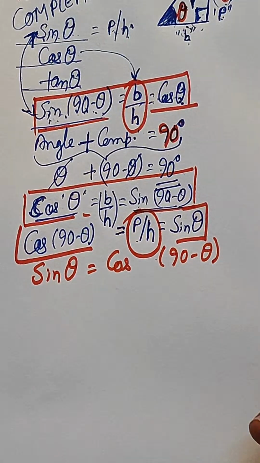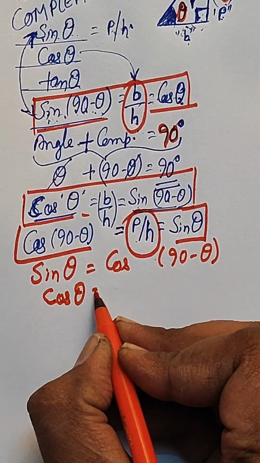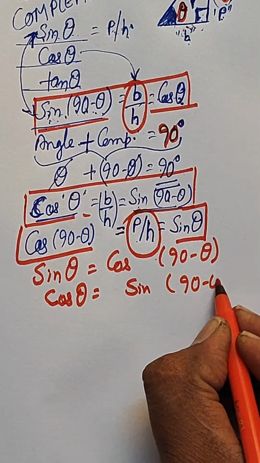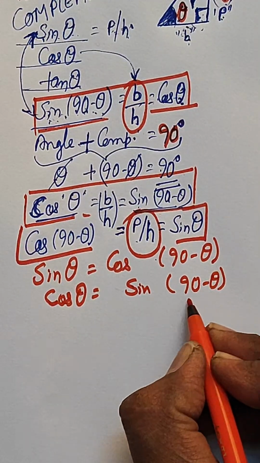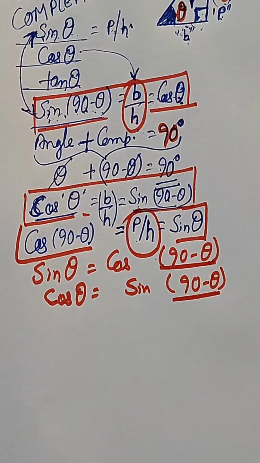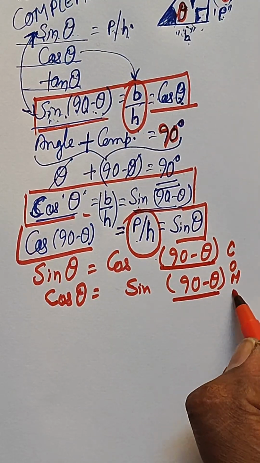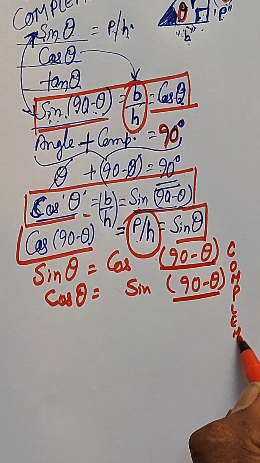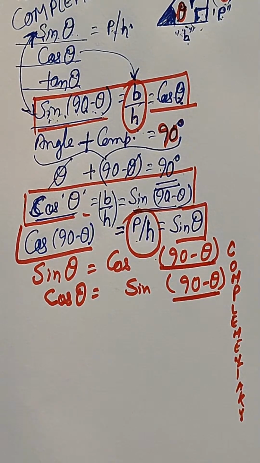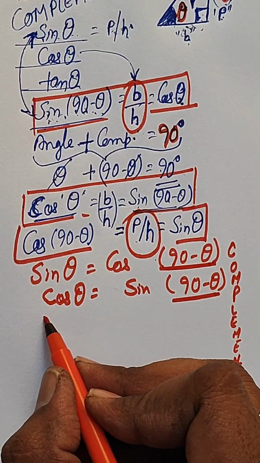Cos theta can be written as sine of 90 minus theta, that is, its complementary. All these angles 90 minus theta are complementary angles.